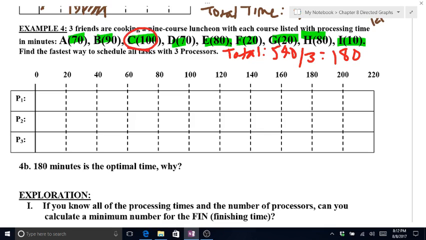So I can schedule C and H together, that's 180 minutes. So task C takes 100 minutes, task H takes 80 minutes.